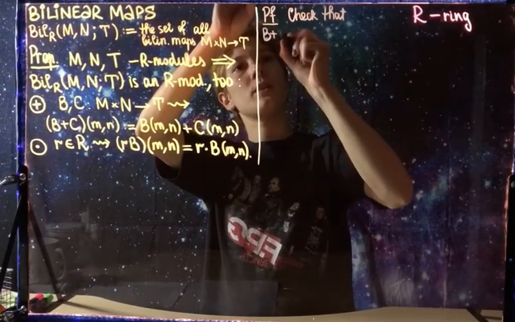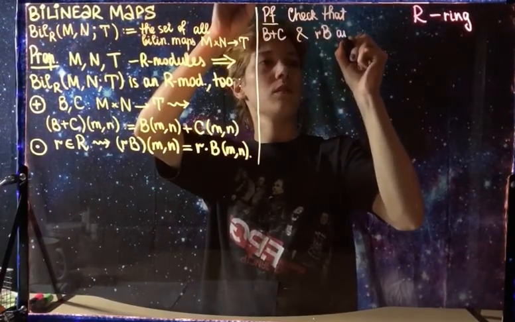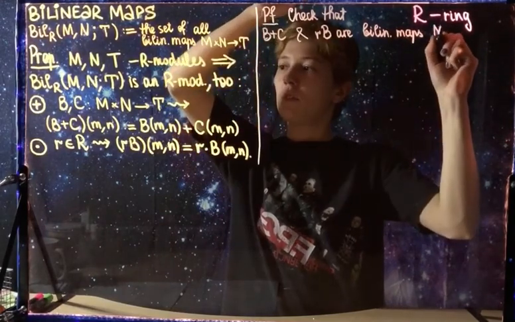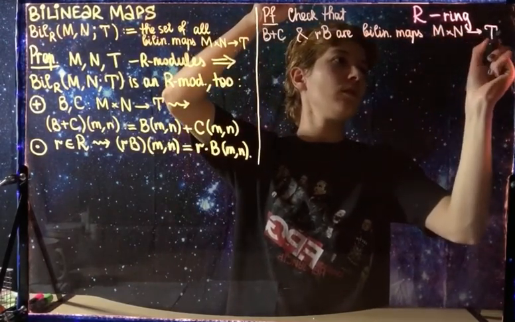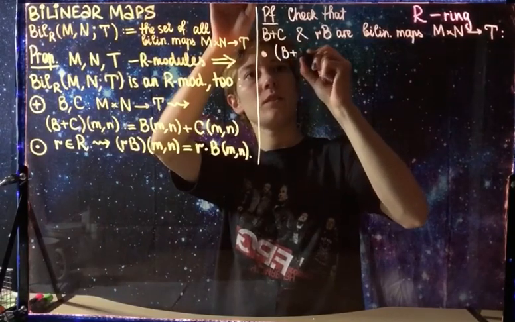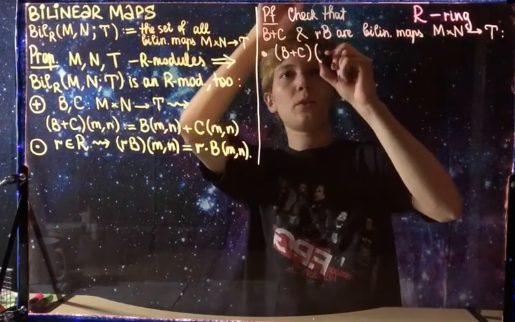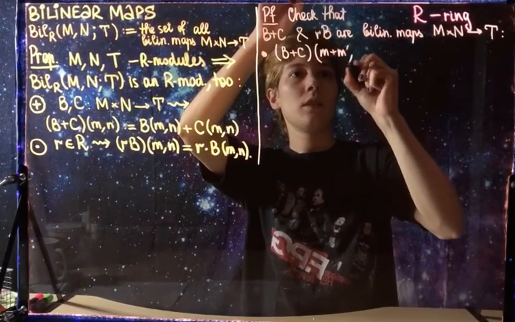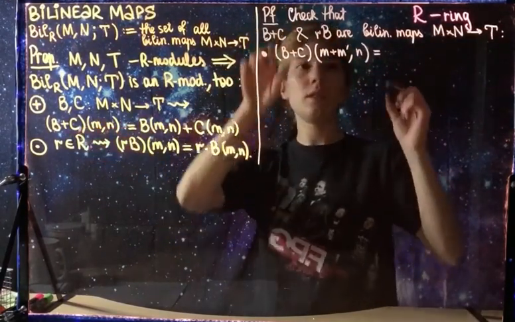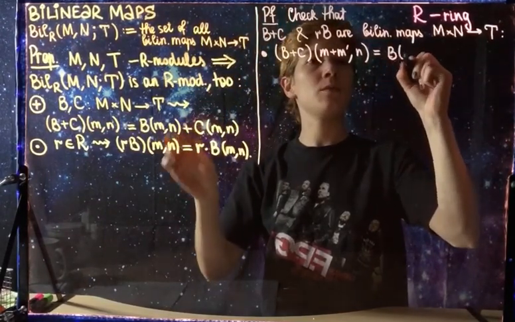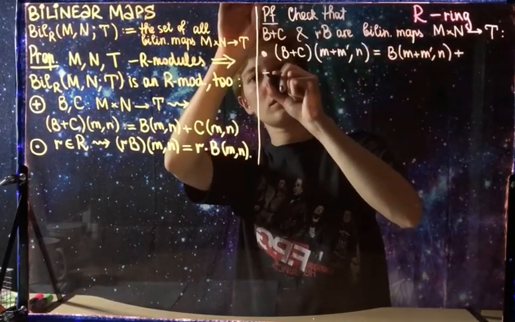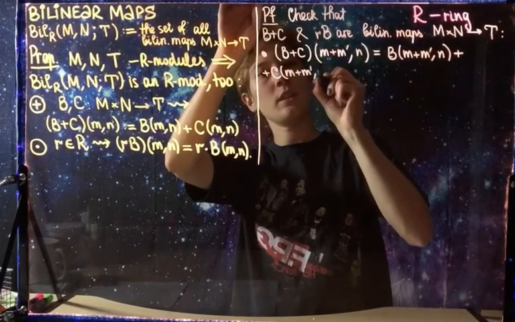So we want to check that B plus C and rB are bilinear maps from M cross M to T. And let me start with B plus C. So first, additivity in the first entry, M plus M prime comma N. Using the definition of B plus C, we write it as B of M plus M prime comma N plus C of M plus M prime comma N.